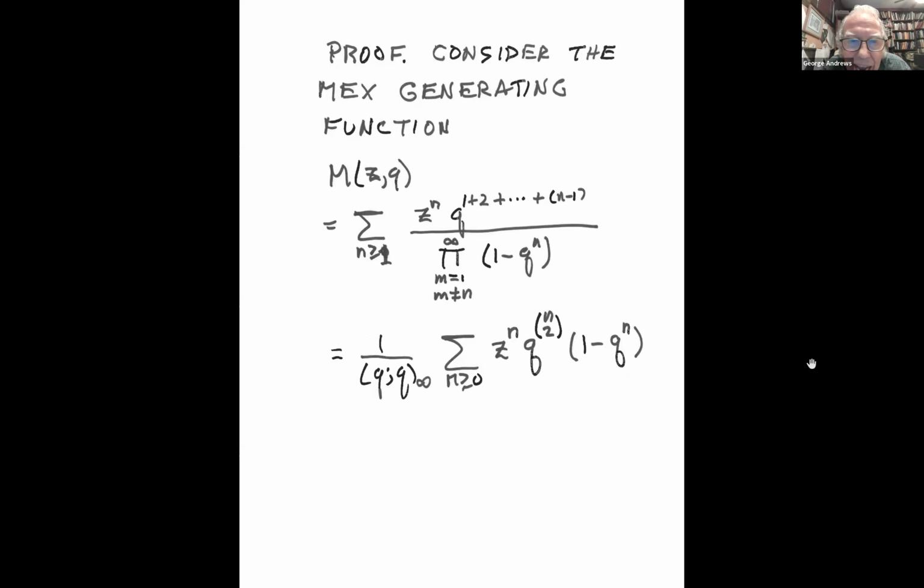So you see in this sum, in the nth term, you have to have the numbers 1, 2, 3 up to n minus 1. z is keeping track of the excludant, so you put in z to the n, and every part is then possibly multiplied, or appears multiple times, from the infinite product in the denominator, where you exclude m equal to n, and this should be 1 minus q to the m, I'm sorry, not 1 minus q to the n.